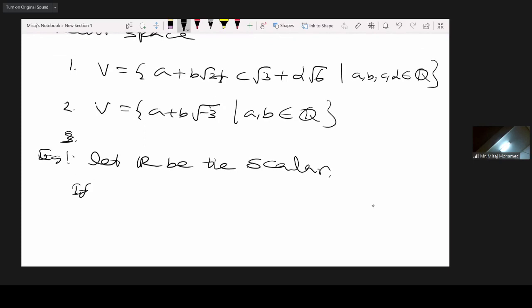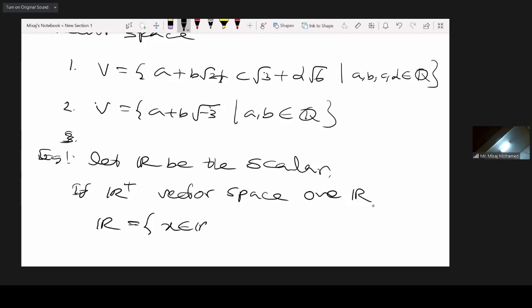R plus is a vector space over R, and R plus is defined like this: x is in R for x a positive number.